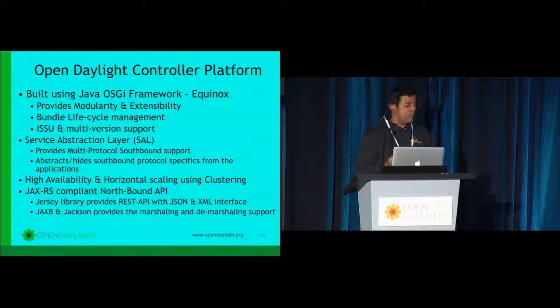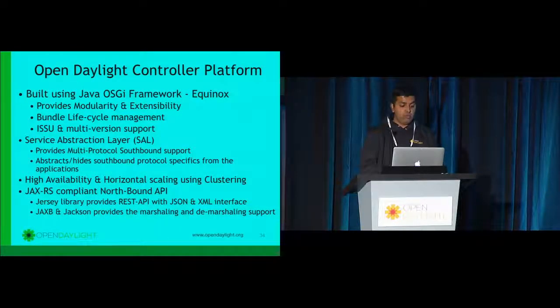And the next important discussion is the service abstraction layer. The service abstraction layer itself is an API interface, and the implementation is actually done by the plugins and the layers on top. But SAL gives you the flexibility to provide multiple protocols in the southbound, and abstracts all the complexities of a given southbound protocol, essentially, right? So that's the benefit of SAL, whether it's AD-SAL or MD-SAL.